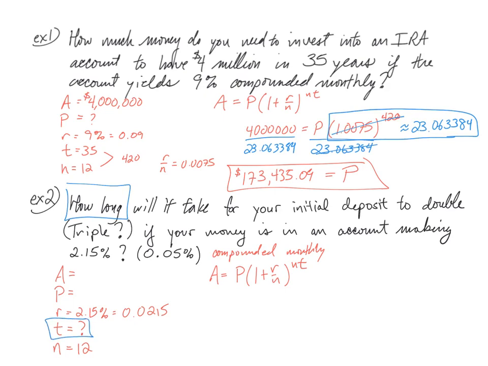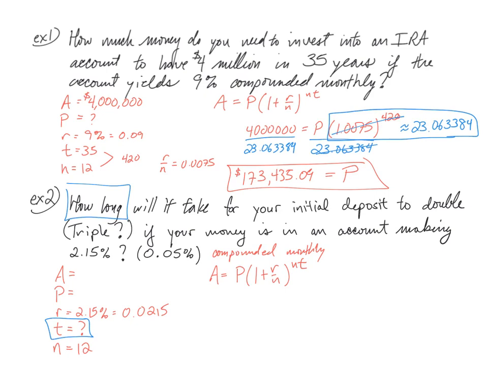Next, we know the interest rate is 2.15%, which really means it's 0.0215. If you move the decimal point 2 to the right, you can see we're at the same number as the percent here. And then this is really interesting. We don't know what we're ending with, and we don't know what we're starting with. We have A and P. What are those values?